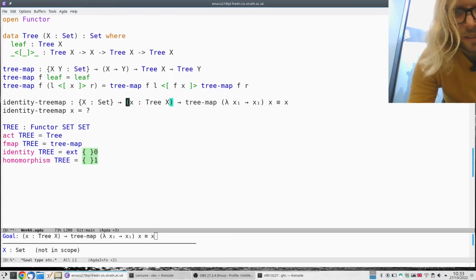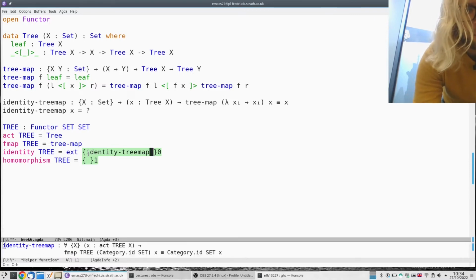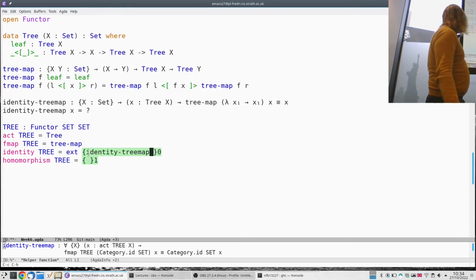Is now a good time to demonstrate Control C, Control H? Probably. You can do this by hand, or you can just type in the name of the thing you want and do Control C, Control H for help. It will give you the type signature of the helper function with that name that would fill the current goal, and it will try its best to quantify all the things you need.